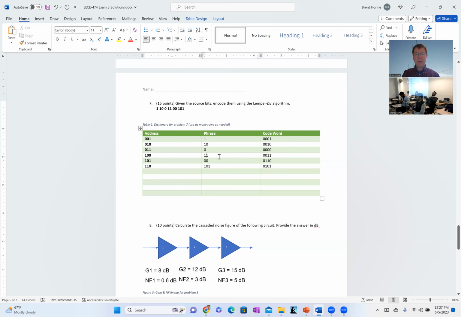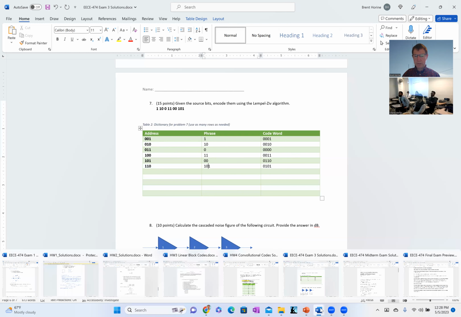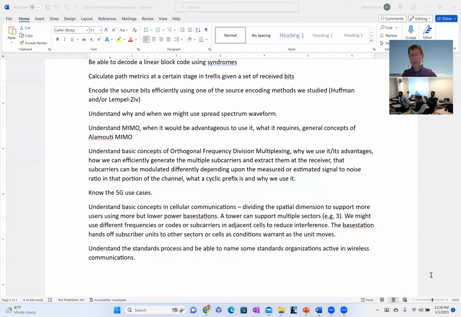We write that down, plus the part that makes it unique. 101, we find a 10, that's here, 010, and we write down what makes it unique. Okay, so those are the two source coding algorithms that we study.